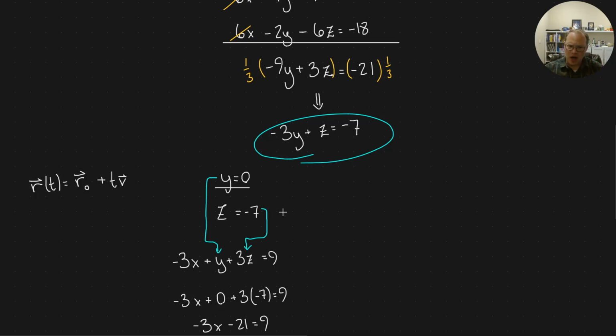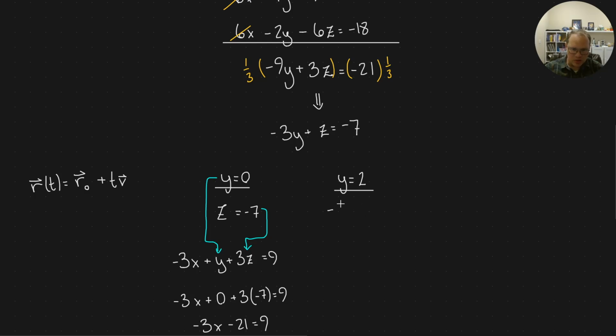Again, there's lots of options. I could make z equal to 0, and then y would be, what, 7/3? But 7/3 is a nasty fraction. If I can avoid that, I want to. I may not always be able to, but in this case, I can. I see pretty simply, if I choose y equals 2, then I can get negative 6 plus z.